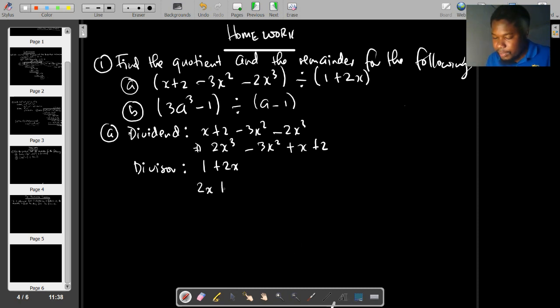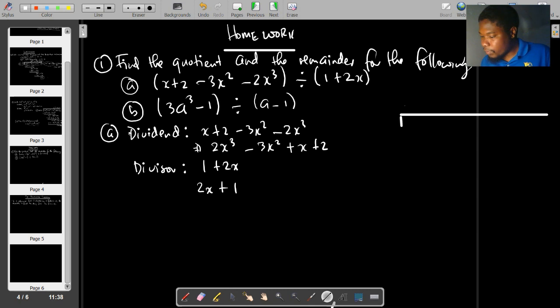It will be 2x plus 1. Okay, so we'll write the division symbol. There we go. And then we write 2x to the power 3 minus 3x squared plus x plus 2 as our dividend, and our divisor will be 2x plus 1.